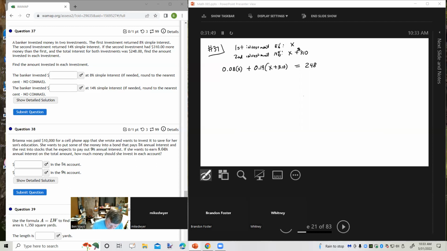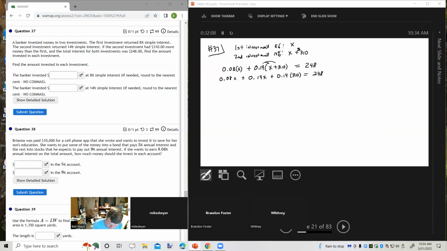All right, so we've got 0.08x plus 0.14 times the quantity x plus 310 equals 248.